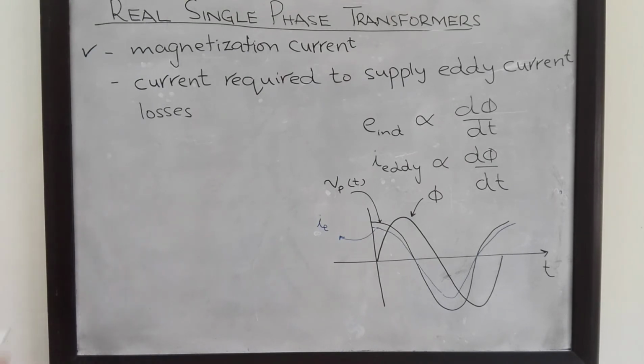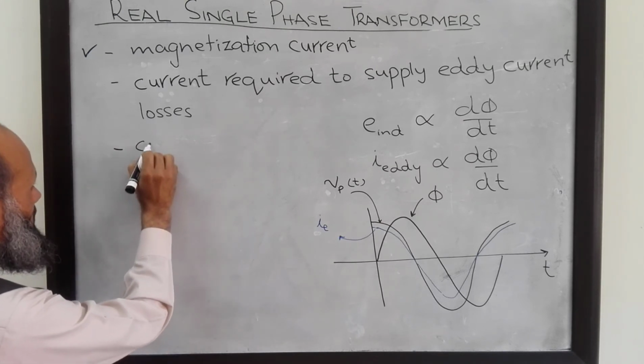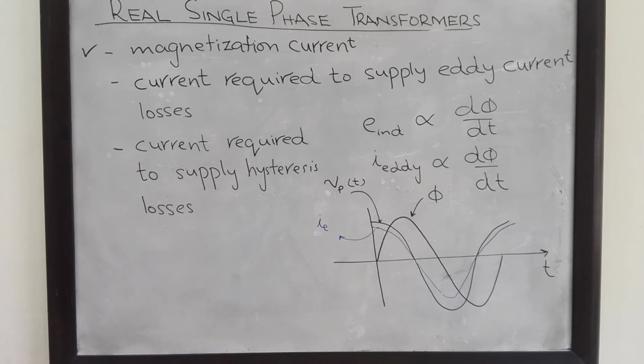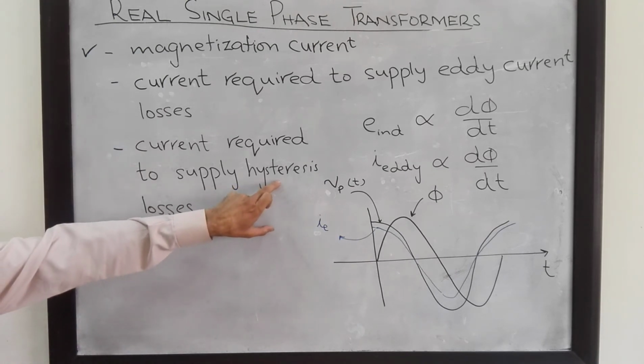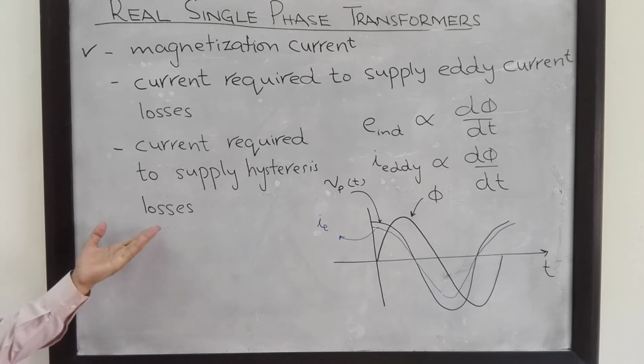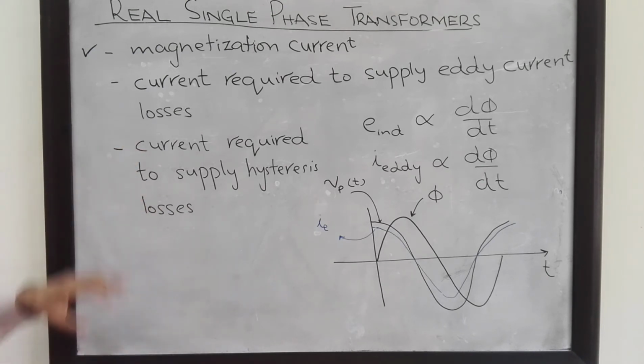The third component of the primary current, which flows in the primary winding even if the secondary is open circuited, is required to supply the hysteresis losses. Hysteresis is a nonlinear effect, and it only adds some nonlinearity.